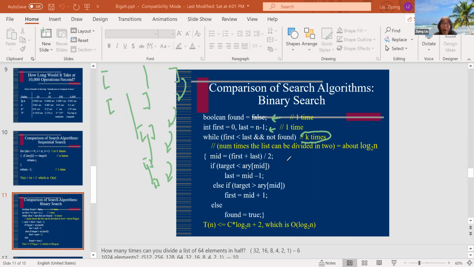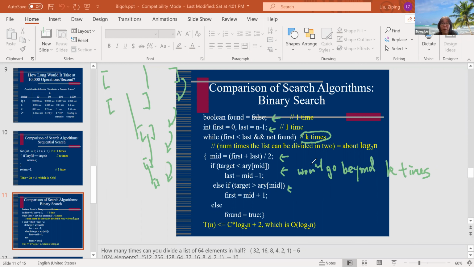Internally, the statements won't go beyond k times, because they are within the loop, and we know it cannot go beyond k times.